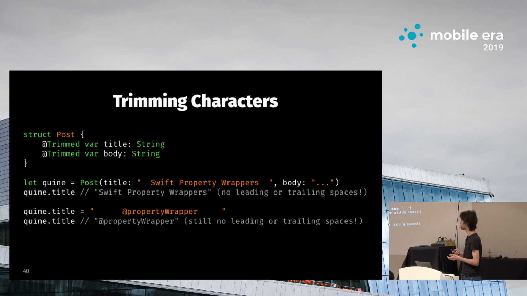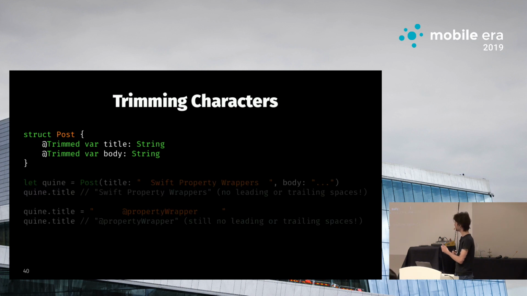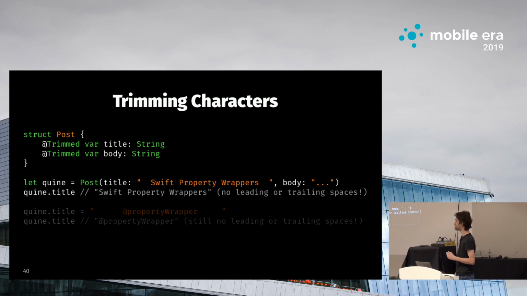And now, if we think, for instance, we have a blog post, we have a struct called Post, and it has two properties, a title and a body. Both properties have been decorated with the @Trimmed property wrapper. So if we start by creating a post and we, by mistake, have some white spaces at the beginning and at the end of the string, actually, when we get the value from the string, we will see that there are no leading or trailing spaces.